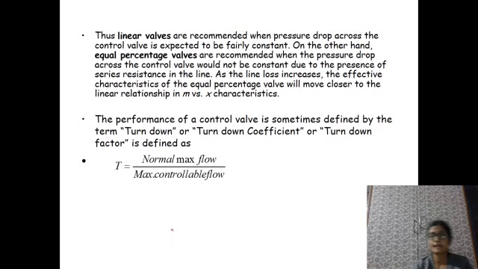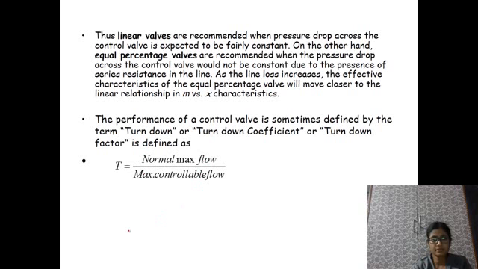As the line loss increases, the effective characteristic of the equal percentage valve will move closer to the linear relationship, that is in the M versus X characteristic. The performance of the control valve is sometimes defined by the turn down or turn down coefficient or turn down factor, that is the ratio of normal maximum flow to maximum controllable flow.